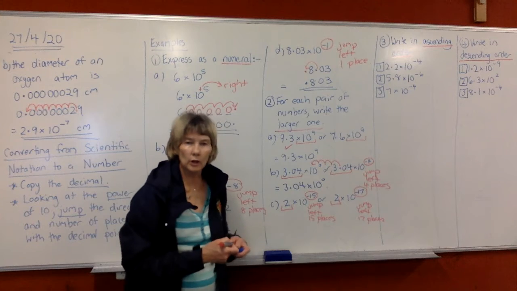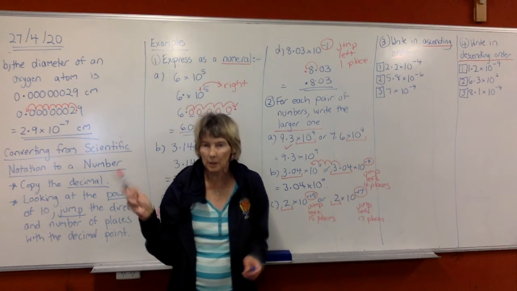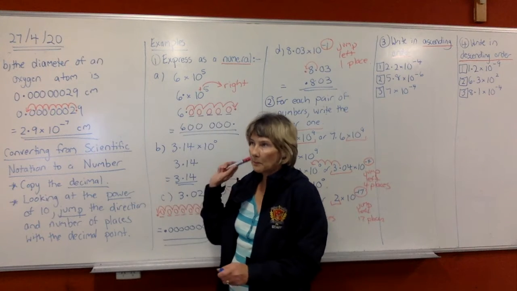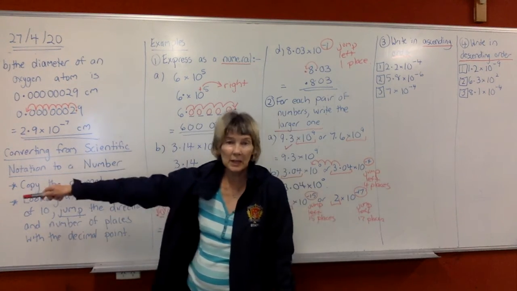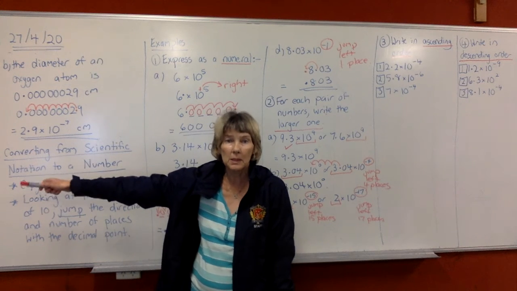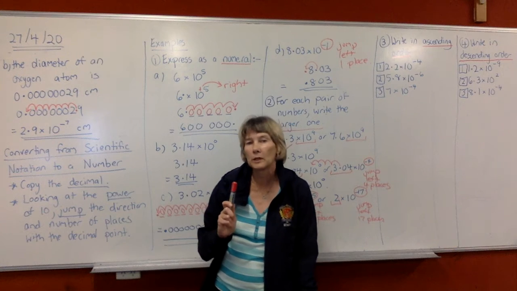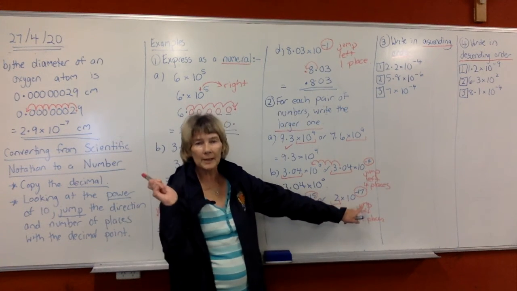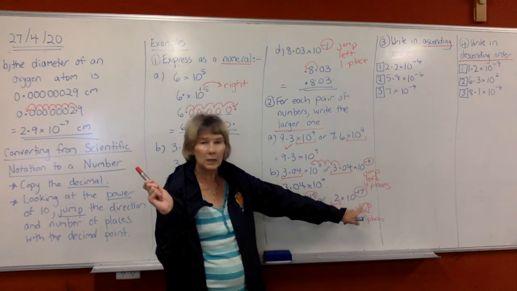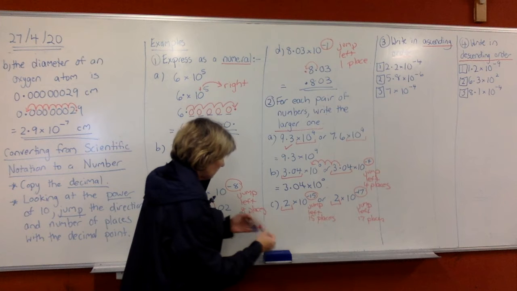So you can imagine if you take your decimal point and jump 15 places to the left, or 17 places to the left, the one where you jump 17 places is going to be smaller because you're going to have a point and then a couple more decimal places in it. So if we jump all the way 17 places to the left, that's going to be a really small number. This is a bit bigger, so this is our answer.